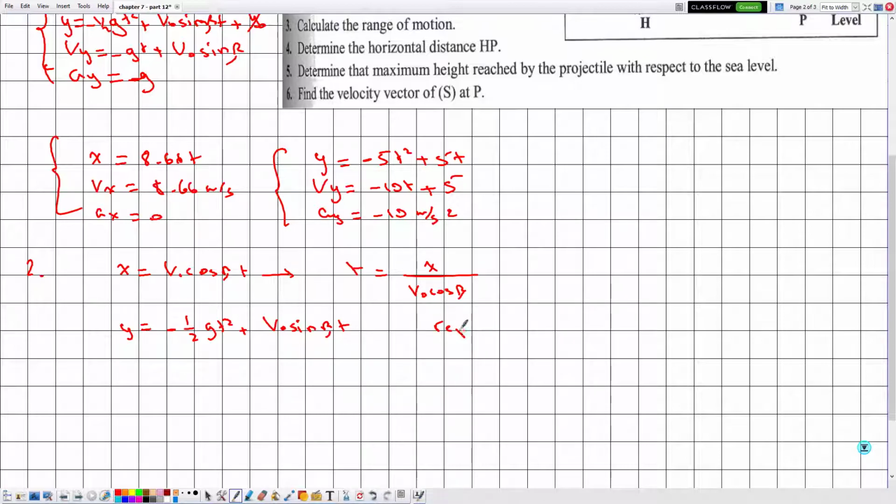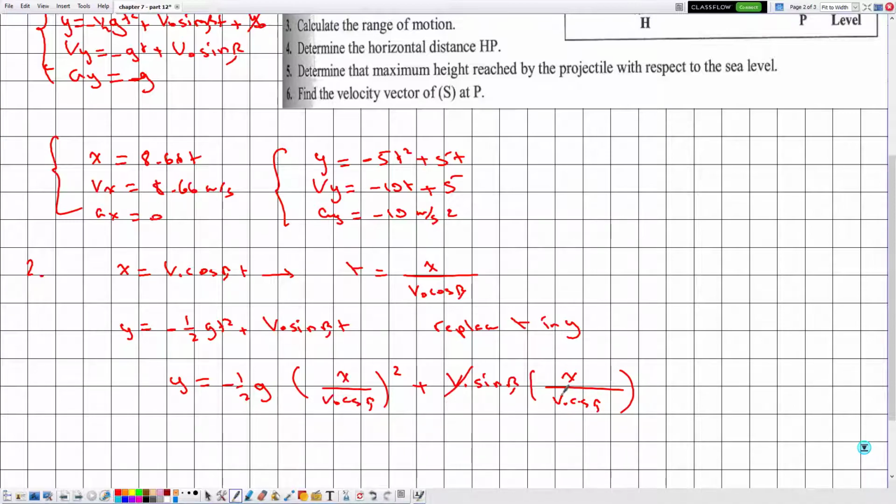Now replacing t in y, we get that y is equal to minus half g multiplied by x divided by v0 cosine beta to the power 2, plus v0 sine beta multiplied by x divided by v0 cosine beta.